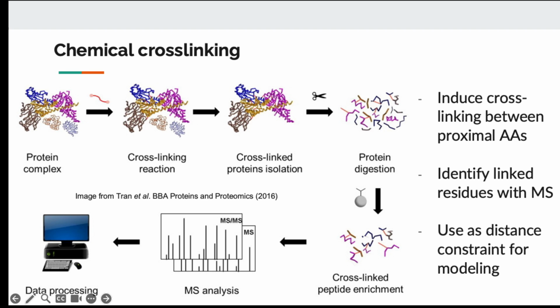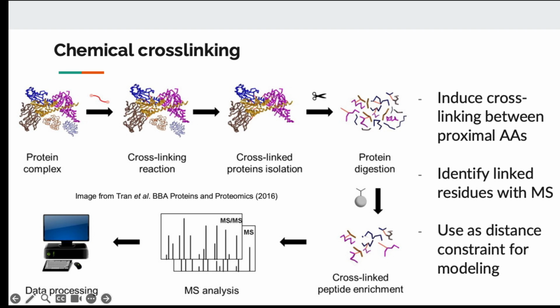One thing that we can do with chemistry is introduce a cross-linking compound. This cross-linker can recognize two different amino acid residues in the structure. And if the two residues are near each other in 3 dimensions, this chemical cross-linking compound can induce a covalent bond inside the molecule.